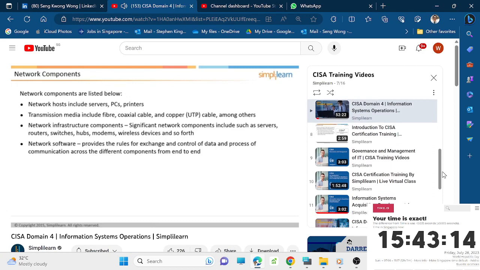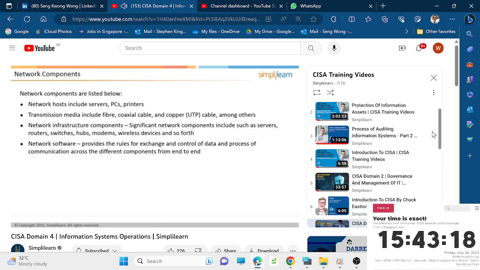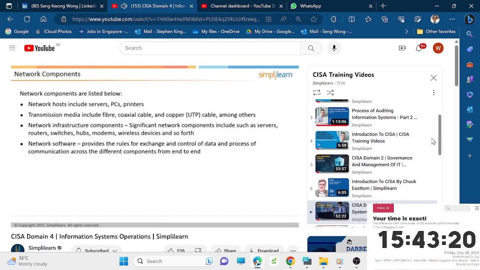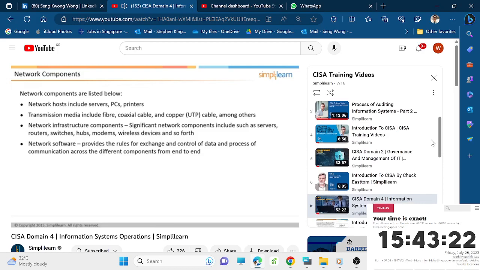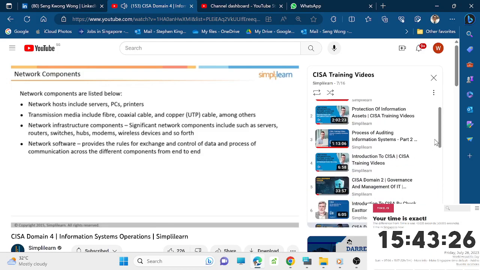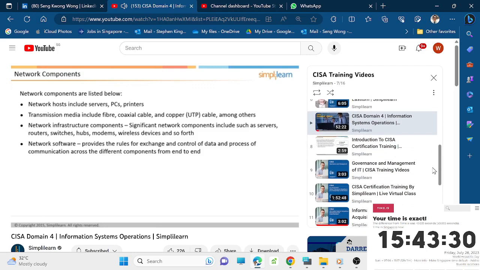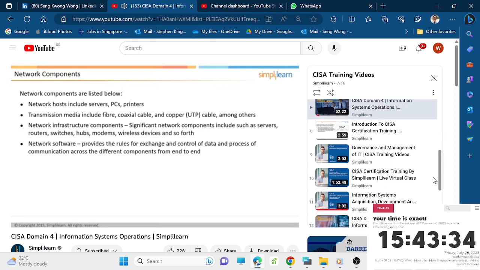Network infrastructure components include servers, routers, switches, hubs, modems, and wireless networks, and network software provides the rules for exchange and control of data and the process of communication across the different components from end to end. The following screen lists network services.